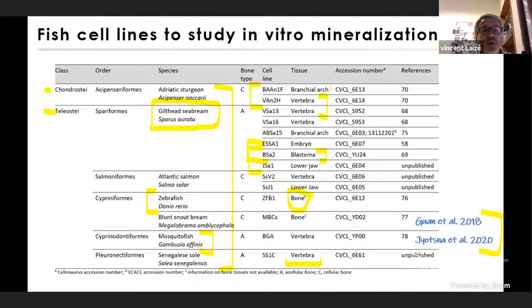Finally, on that table, all these cell lines are adherent, forming adherent monolayers. They attach to the surface of the culture, and they are contact inhibited, so they will not form multi-layers.